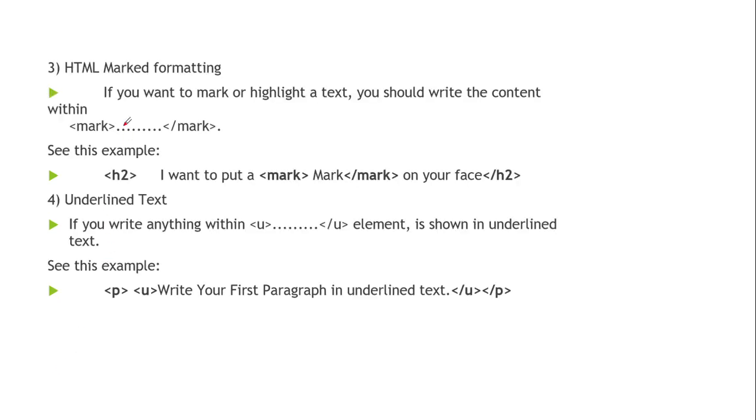Next, we discussed the mark tag. It is used to highlight the text. And we discussed underline. Whenever we want to underline a word or a sentence, we can use the underline text. Then underline, and one more, insert, we are also using.